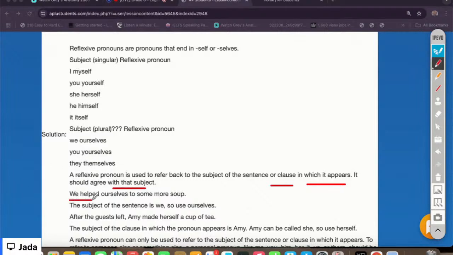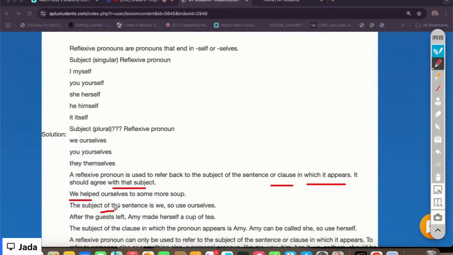So, we helped ourselves to some soup. All right? The subject of the sentence is we, so we use ourselves. There must be an agreement.